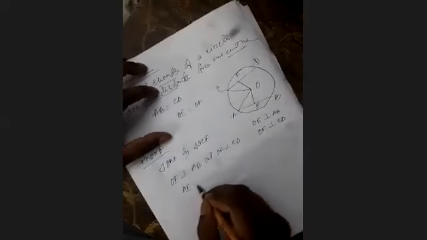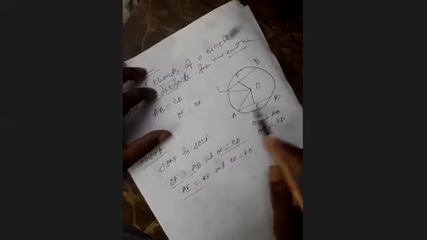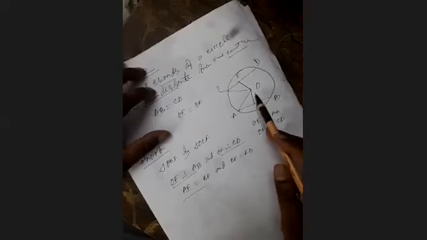So that AE equals EB and CF equals FD. You know about this matter previously. If from the center you draw a perpendicular to a chord, then the chord must be bisected at the intersecting point.